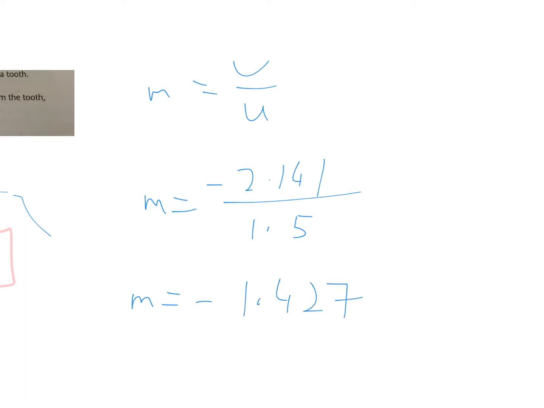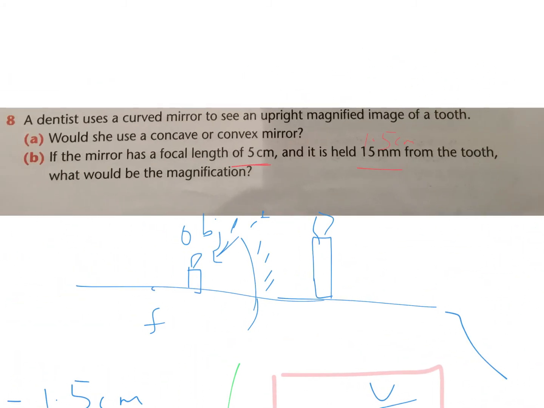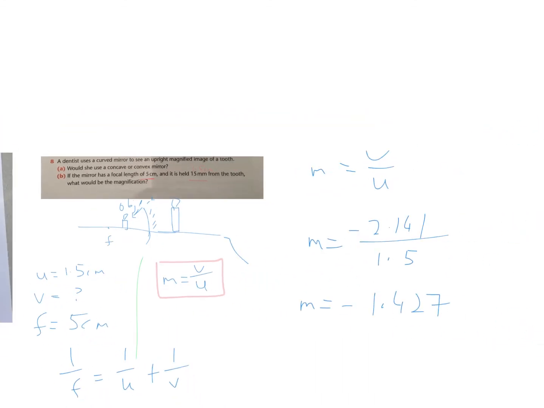So the magnification that we get is minus 1.427. I'm pretty sure the back of the book says the magnification is 1.427, because the magnification really is the ratio of the sizes. The image is 1.427 times the size of the object, 1.4 something times bigger. But the reason why it's negative is just because of the image being virtual.